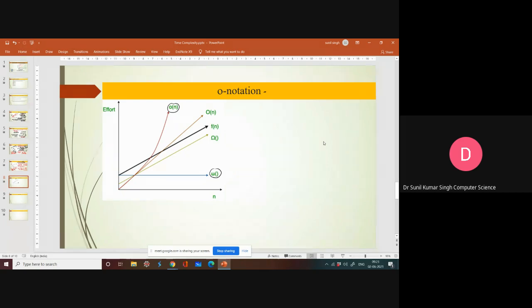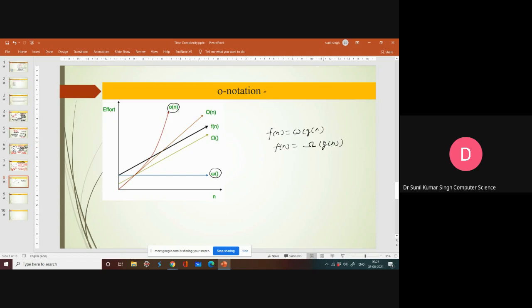So that means if you are able to write f(n) is equal to small omega of g(n), then definitely you will be able to write it as big omega of g(n).